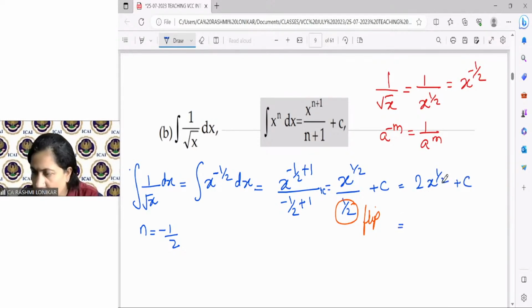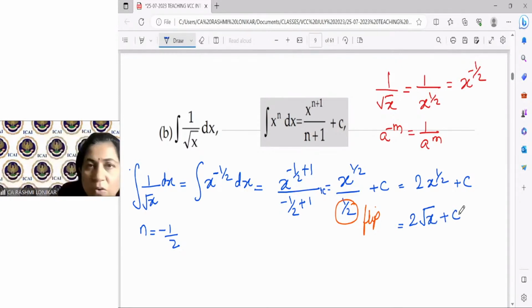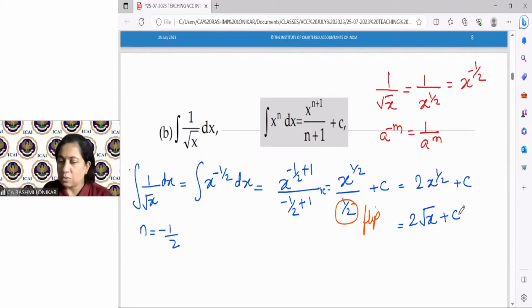Now, x raised to half, you may sometimes get the option like this only, or you will get 2 root x plus c. Okay. So, the answer may be in this form or this form. Both are equally correct. Deepika, I hope you are able to understand now.